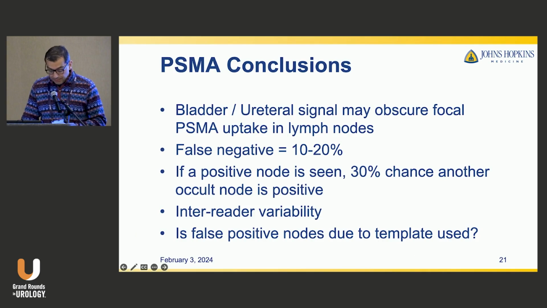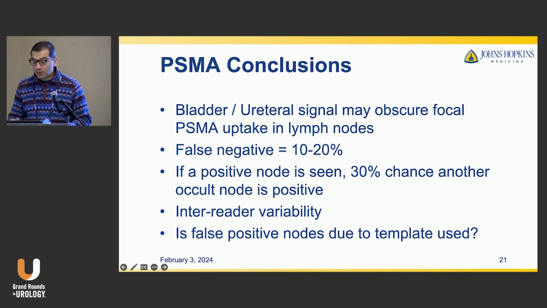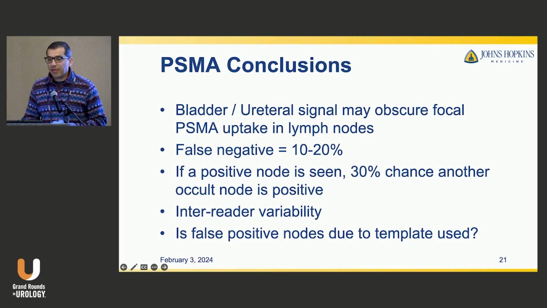Some things about PSMA that we should know is that there is a bladder and ureteral signal that may obscure focal PSMA uptake in lymph nodes around those areas and make it harder to discern. So that could be an area of error. False negative rates are between 10 to 20%, so you could miss some patients who have positive lymph nodes.